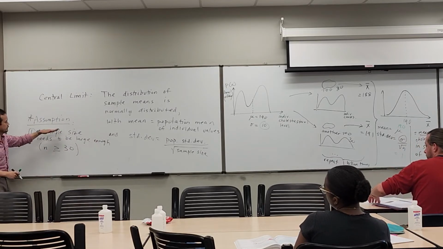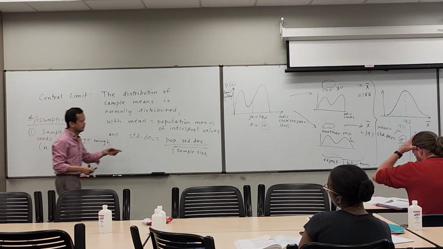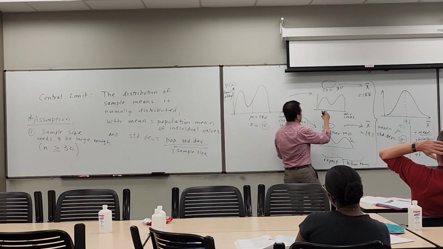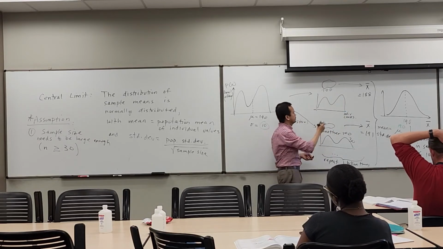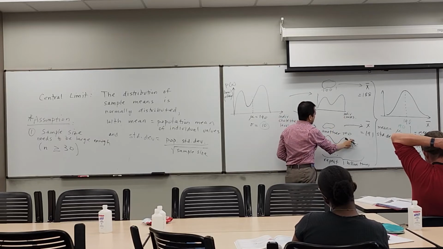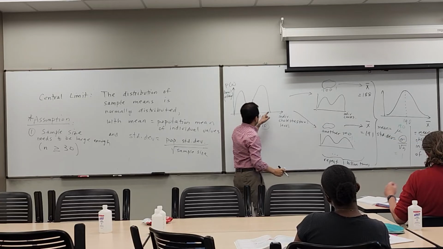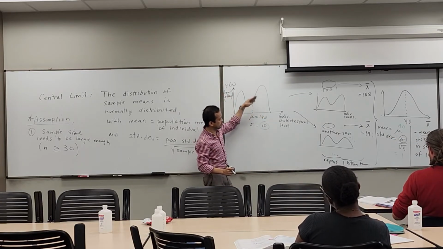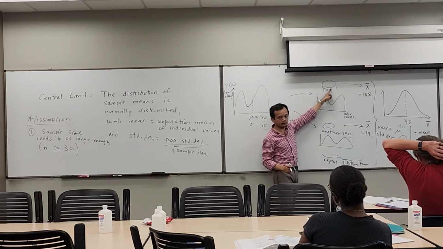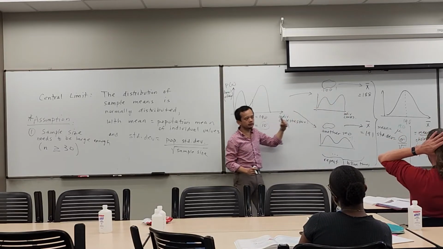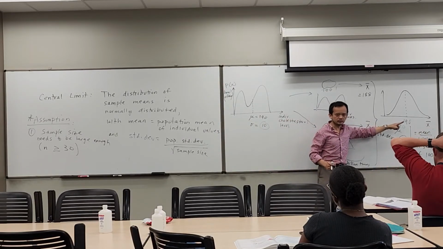So let's say that this assumption had not been met, and the sample size were not at least 30. Let's go back to the previous case, where the sample size isn't big enough and it's only of size 1. The central limit theorem is basically saying that we want our distribution of sample means to end up looking like a bell curve. But what if the sample size isn't at least 30, what if it's only 1? Then what does the original distribution have to look like for the final distribution of sample means to look like a bell curve?